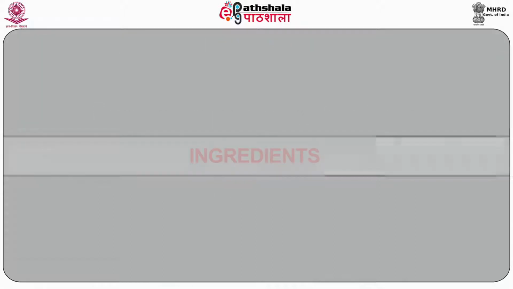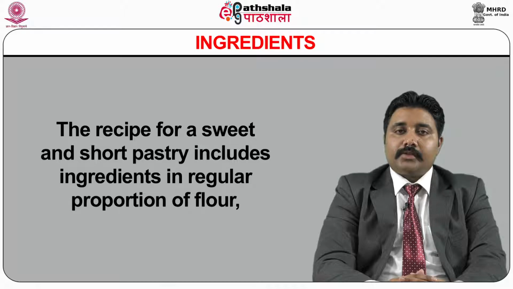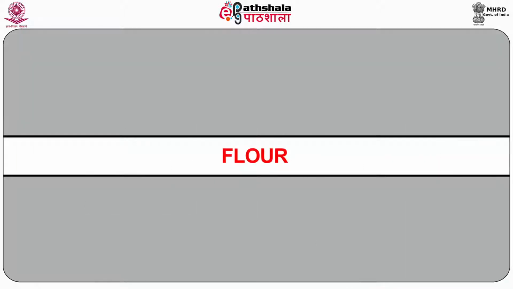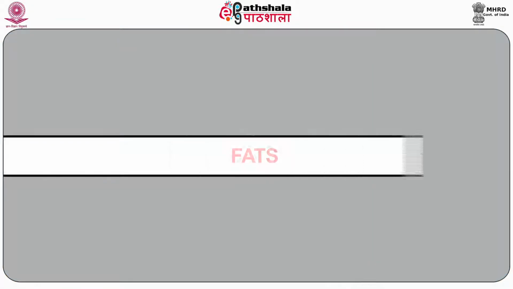Ingredients. The recipe for a sweet and short pastry includes flour, sugar and fat in the regular proportion of 1:2:3. Generally, 1 part of sugar, 2 parts of fat and 3 parts of flour. Flour. Use either soft flour or a blend of hard and soft flour, depending upon the product being made. Fats.